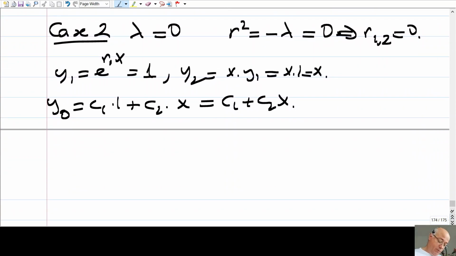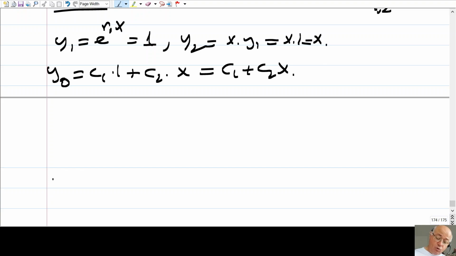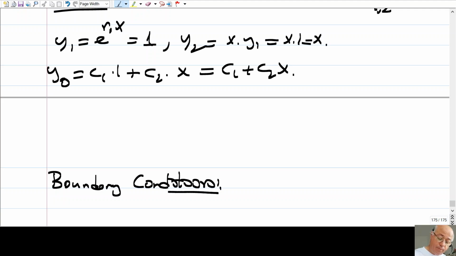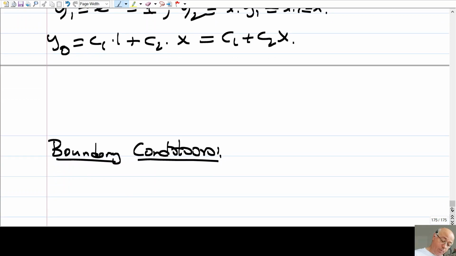Okay. To determine C1 and C2, we just use the boundary conditions. What were the boundary conditions? X of 0 is equal to 0.